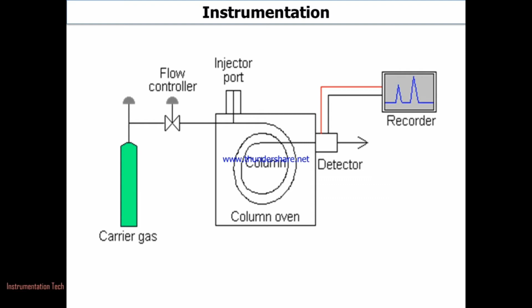The component distributing more in the liquid phase is retarded more, and the component preferring the gas phase is retarded less. Based on the difference in the retarding effect, these separated components eventually elute out of the column and reach the detector. The component with less retarding effect elutes out first, and the component with high retarding effect elutes out last.